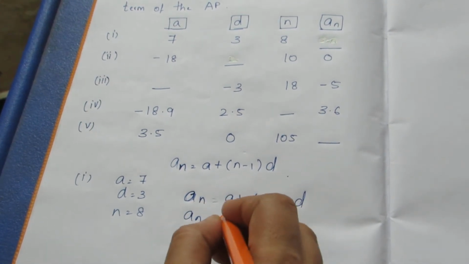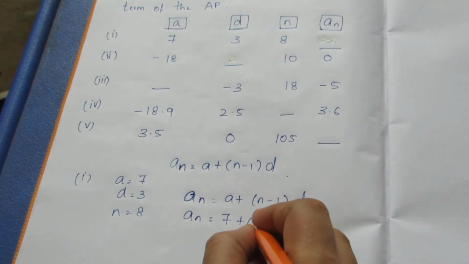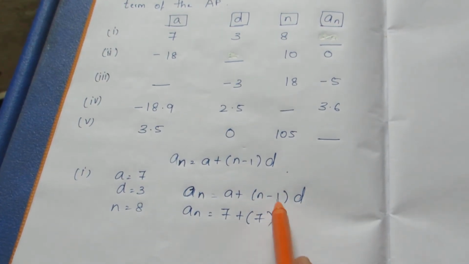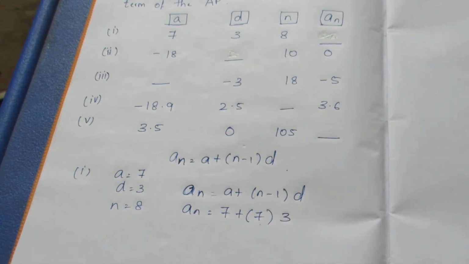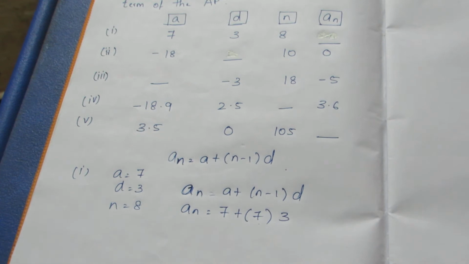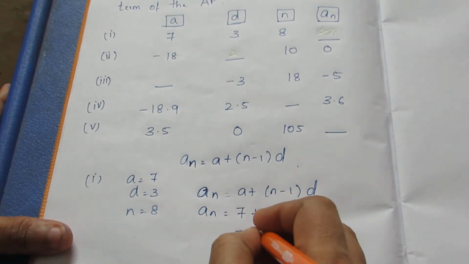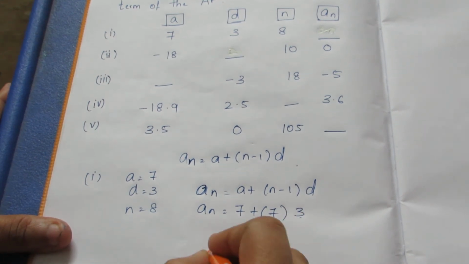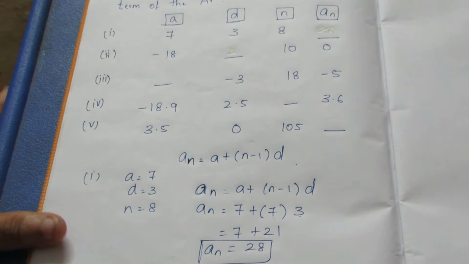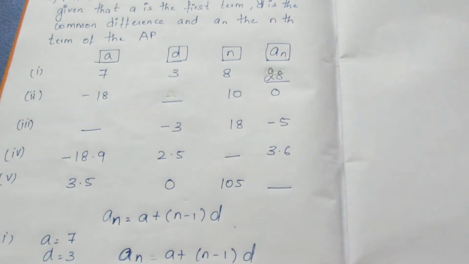A is 7 plus N minus 1, that is 8 minus 1, which is 7. Here D is 3. According to the BODMAS rule we need to multiply first and then add. So 7 plus 21, 7 3s are 21. If we add we get 28. So AN is 28. Write the answer.